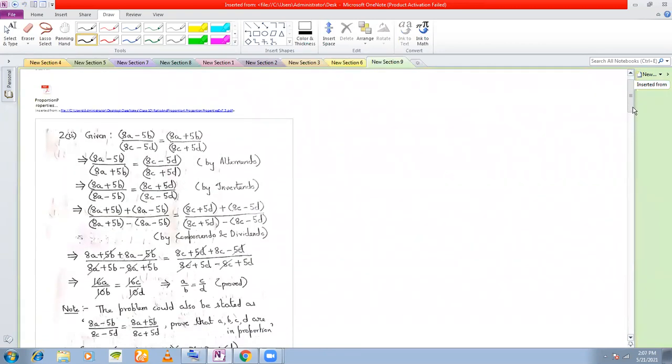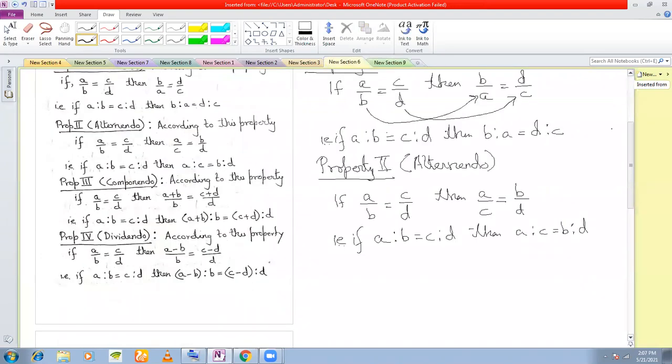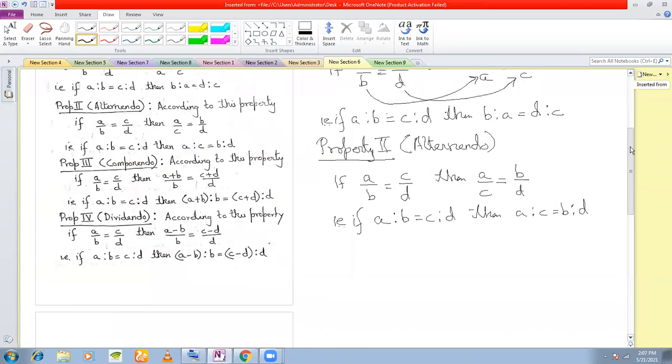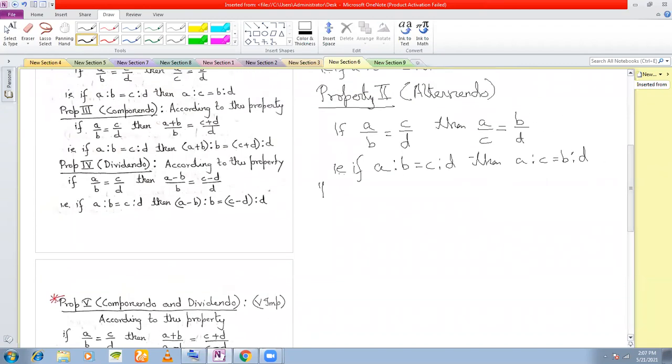No, this property requires other properties. Fine. I'll just discuss till property number 5, then I'll do the sum. Property number 3. This property is called componendo.